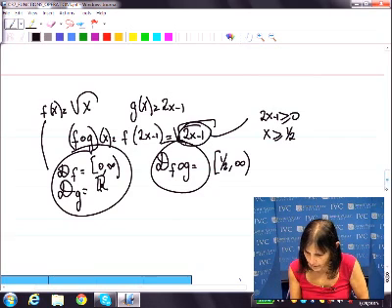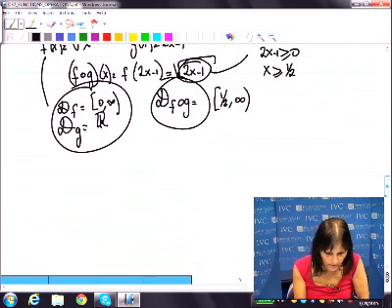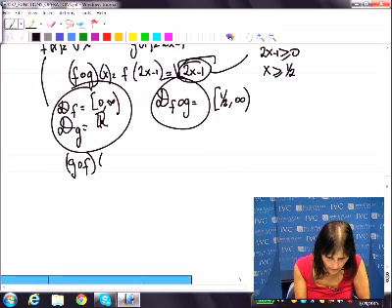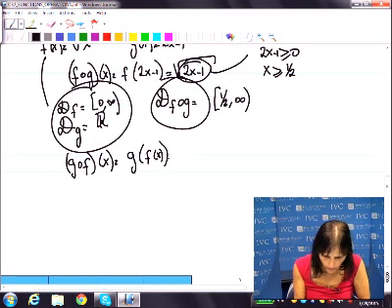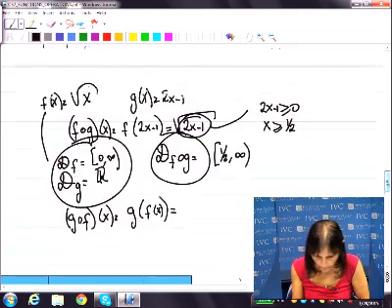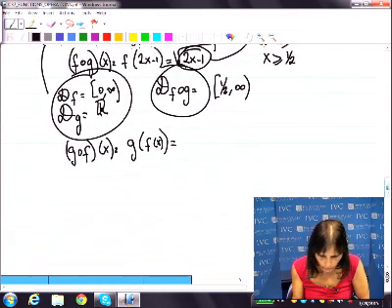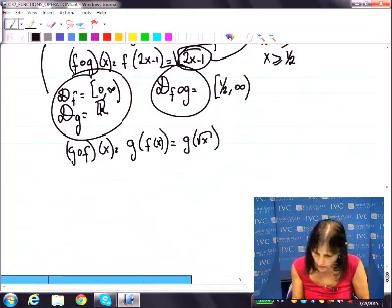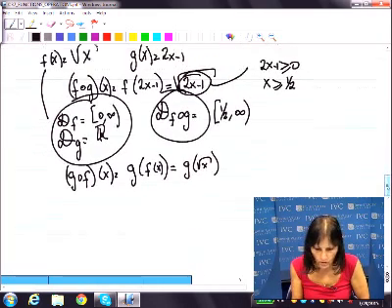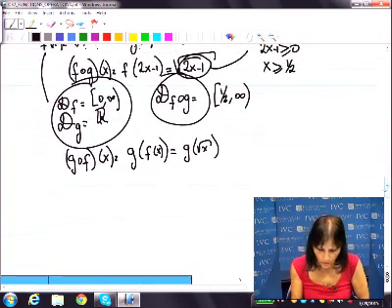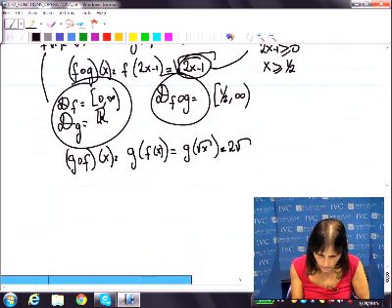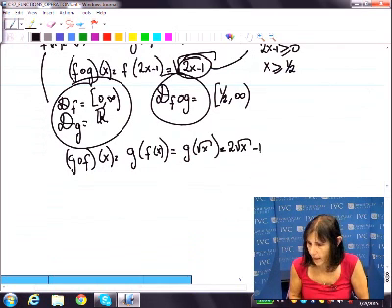If you do the other one, let's say g composite f of x. So that's going to be g of f of x. What does f do? f does square root. What does g do? g multiplies by 2 and subtracts 1. Okay?